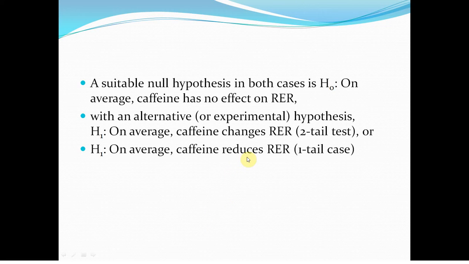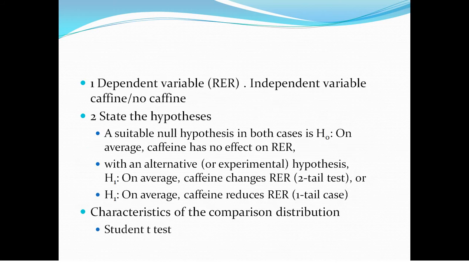We could say caffeine reduces RER, or for that matter, caffeine increases RER. We're going to do a two-tailed test. I've gone through the 6 stages that I listed above.